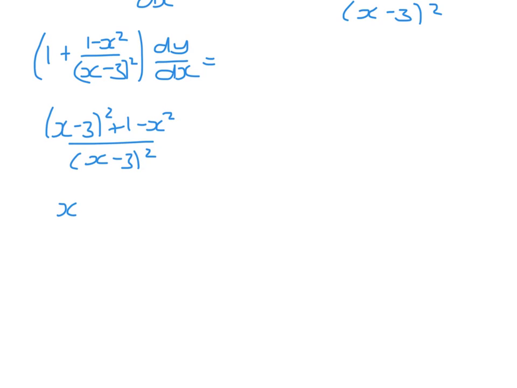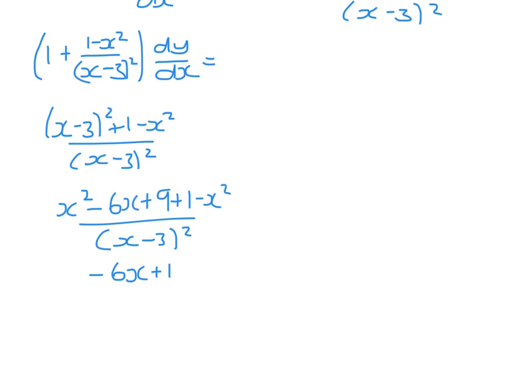And (x minus 3) all squared is x squared minus 6x plus 9, plus 1 minus x squared. So in the top we have minus 6x plus 10 all over (x minus 3) all squared.